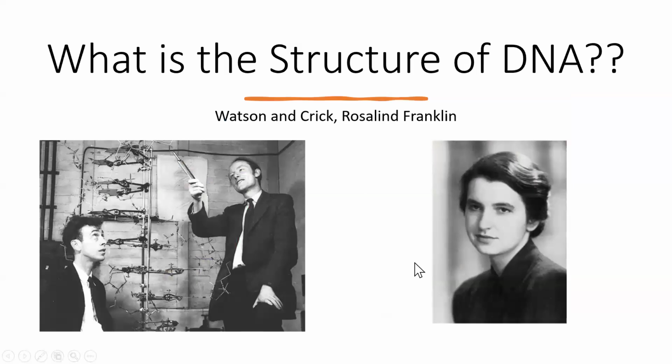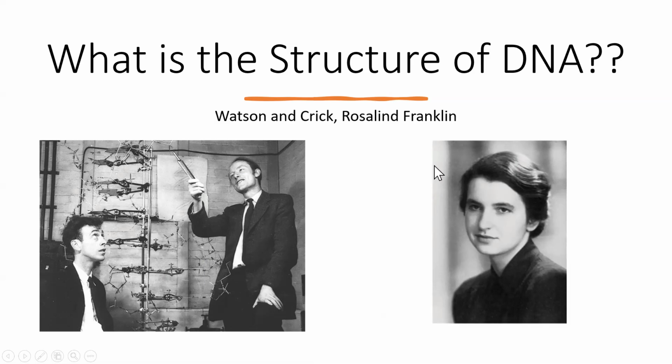All right, so now people know that it was DNA that's responsible for heredity. Then the next thing they were trying to figure out would be the structure of DNA. So there are a couple people who contributed to that effort.